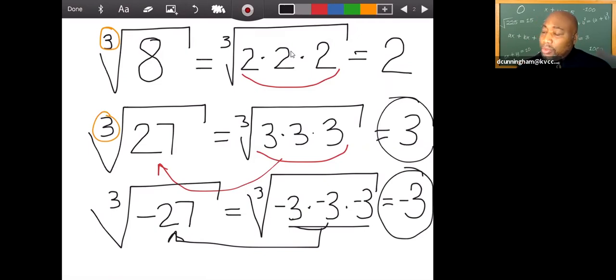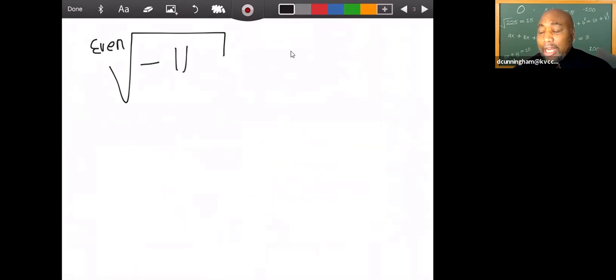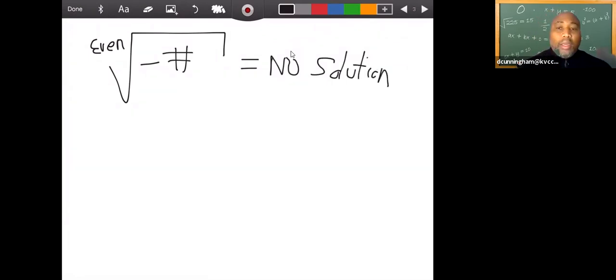Let me just tell you something very quickly. If the index is an even number like 2, 4, 6, 8, you cannot have a negative number inside. If you had a negative number, it'll be no solution in the real number line.